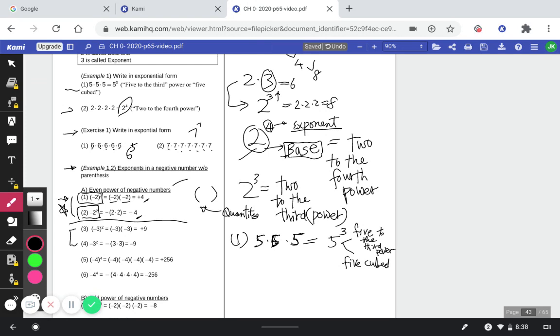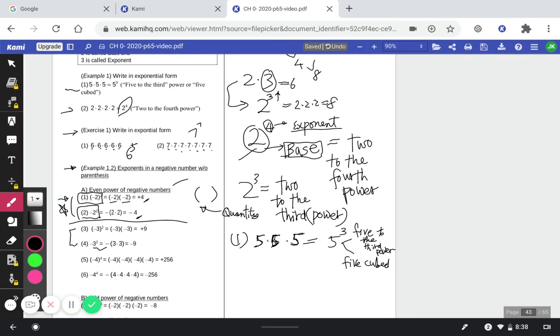Can you see number 4, which you read as negative 3 to the second power, represents negative 3 times 3? Because the second power only applies to the base, in this case 3.